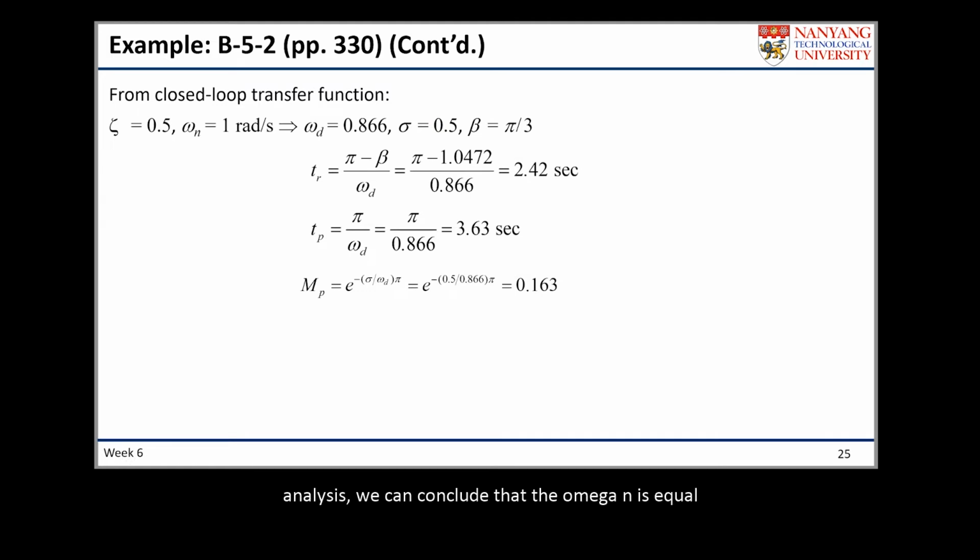From the previous analysis, we can conclude that omega n is equal to 1 and zeta is 0.5. We only need these two parameters, zeta and omega n, to identify the features of the step response.